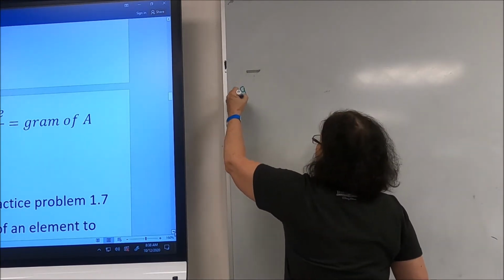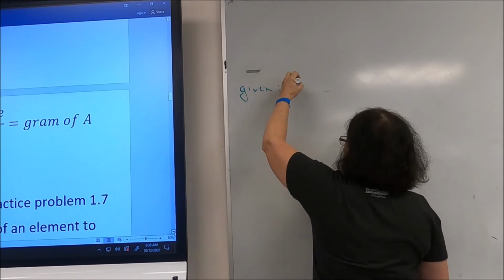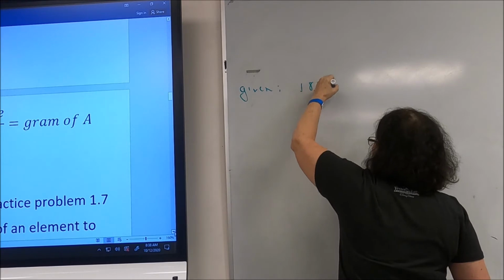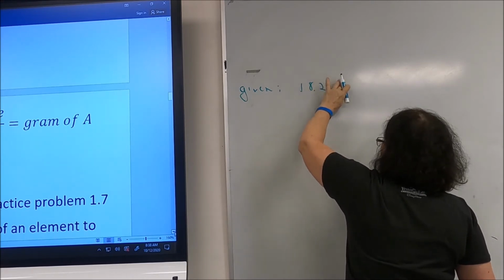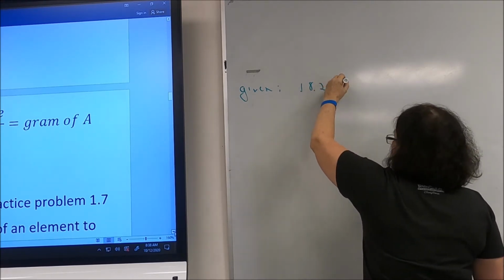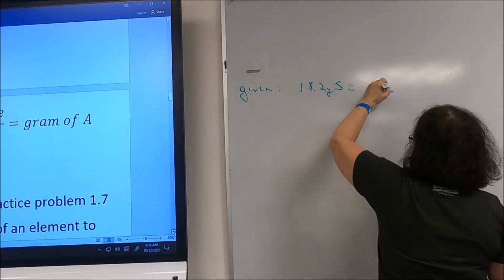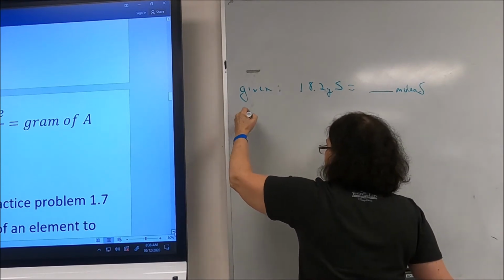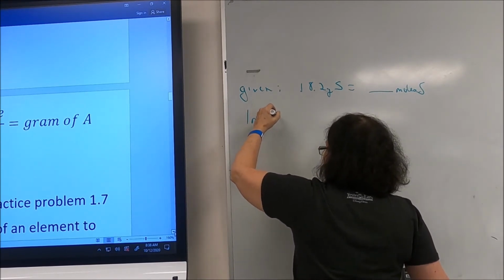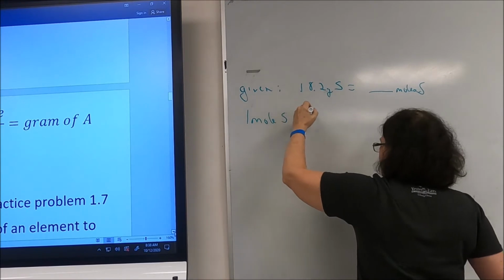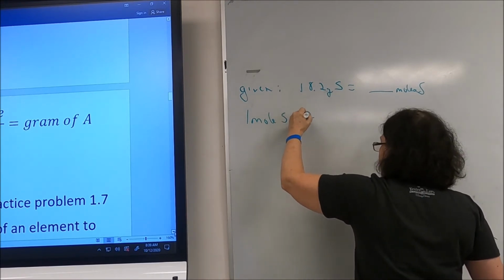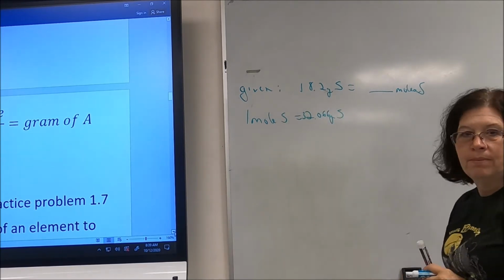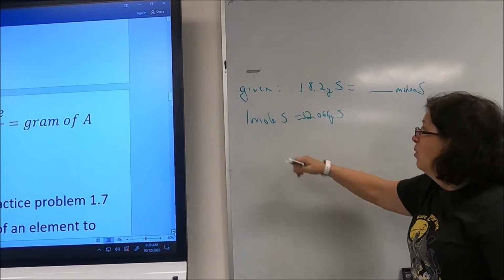Okay, let's say we were given 18.2 grams of sulfur, and I wanted to know how many moles of sulfur that was. If I look at the periodic table, 1 mole of sulfur has a mass of 32.066 grams of sulfur, okay, from the periodic table.